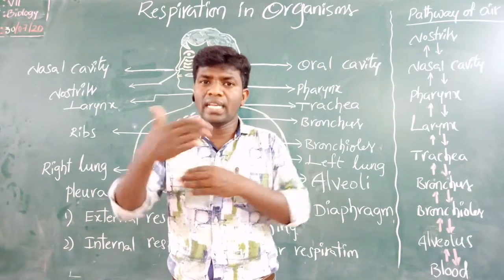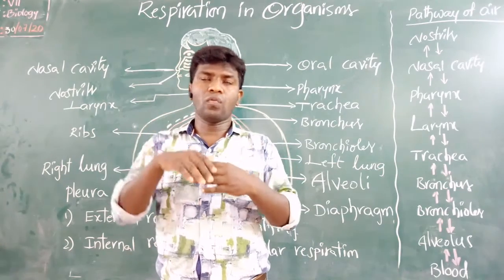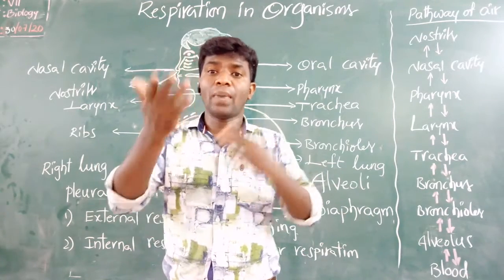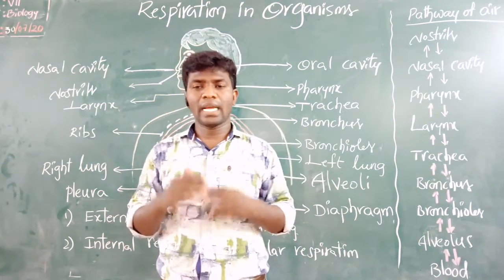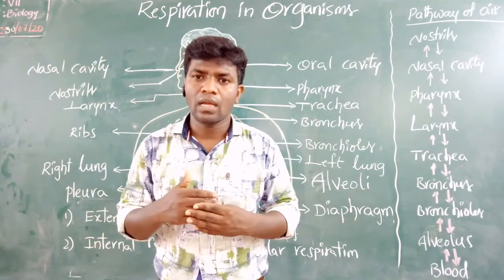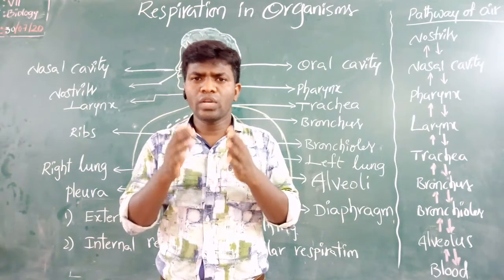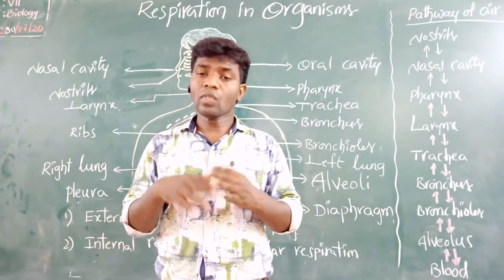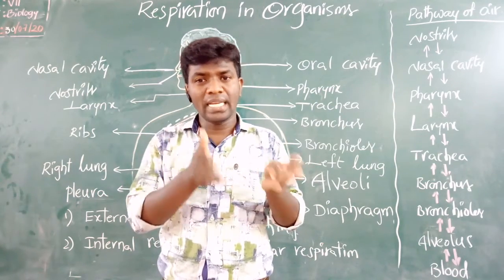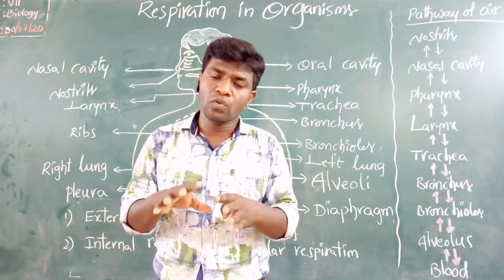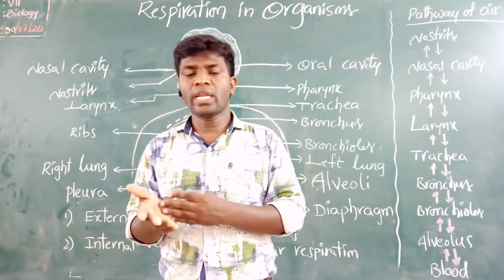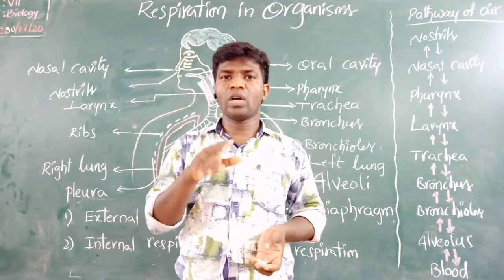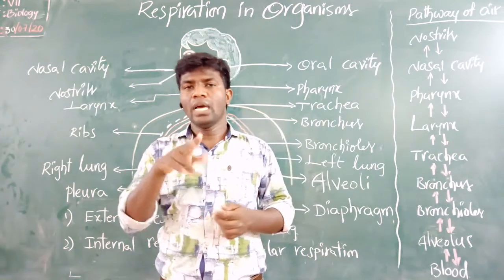It is the oxidation of glucose to release energy with the formation of carbon dioxide and water as byproducts. This is about internal respiration. These two are the stages of respiration.